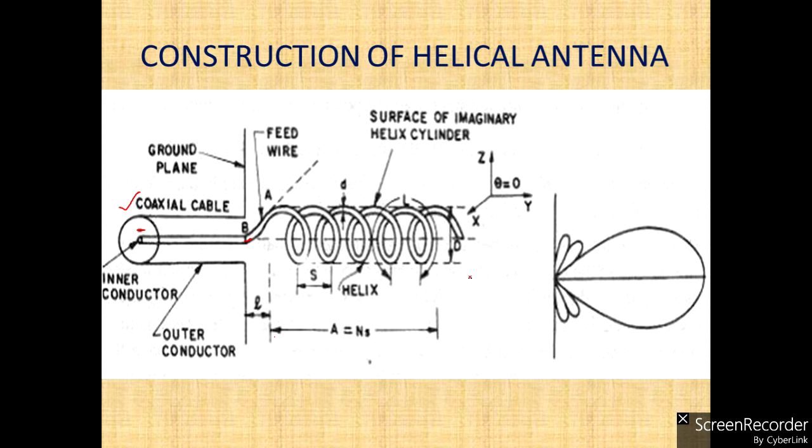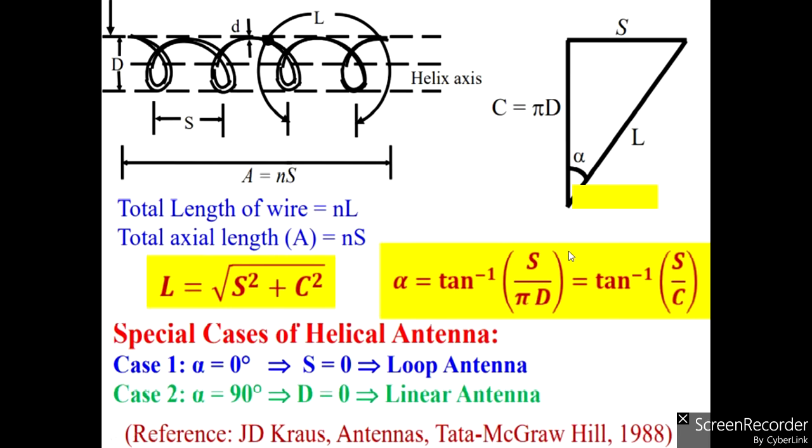Then to the right hand side, completely right hand side, we can see the radiation pattern of the helical antenna, where it has a very good major lobe, and its minor lobes, that is the side lobes. So it also has side lobes, right? Then next, coming to this construction, we can see the design of the helical antenna.